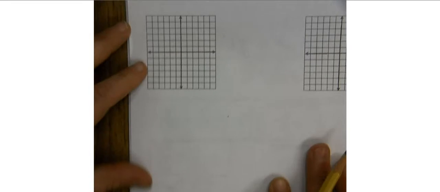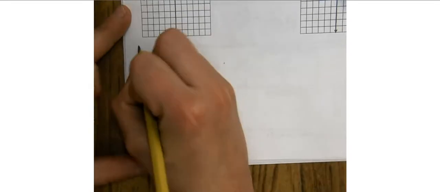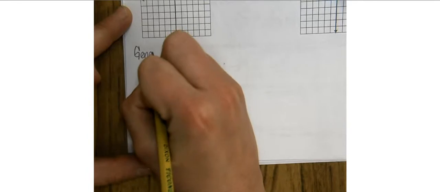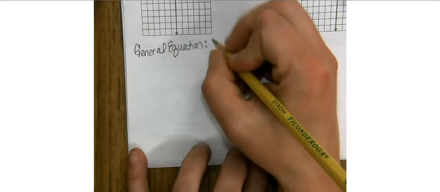First of all, the general equation for a hyperbola is going to be different than an ellipse, but kind of looks similar to the equation for an ellipse.